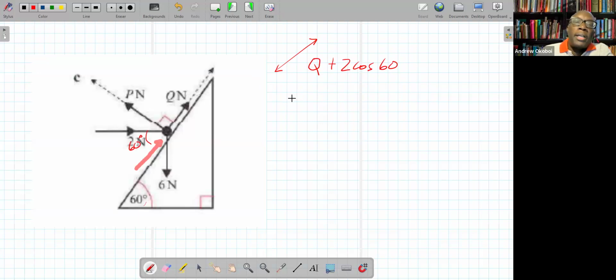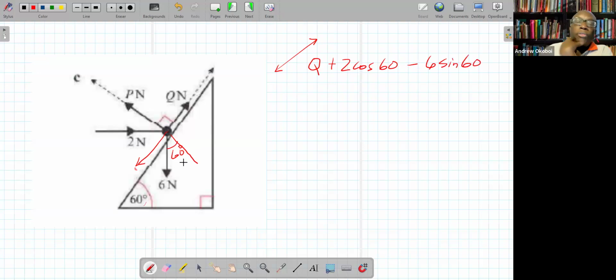Okay, which ones are my downward forces? The only other downward force I have is this 6, which I am now taking and turning like this. But remember, this angle is 60 degrees also. So I'm turning this one 30 degrees. So I'm going to write it as minus 6 sine 60.